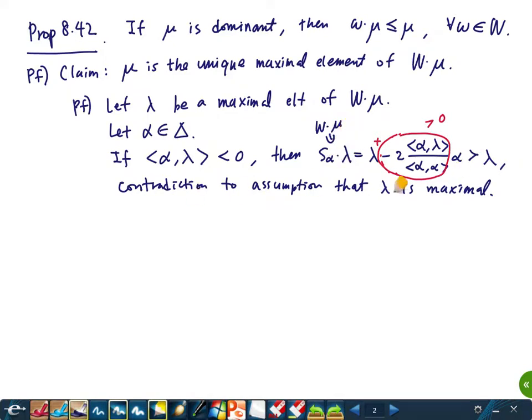That's why it's a contradiction to the assumption that lambda is a maximal element of W mu. So this is impossible, and therefore we must have a non-negative inner product for all alpha. What does that mean? Lambda is dominant. So any maximal element in W mu must be a dominant element.